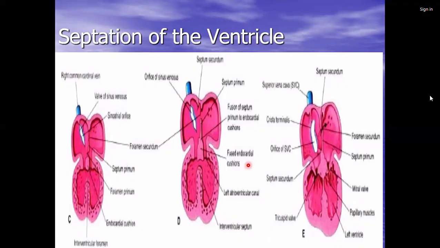Initially, most of the ventricle will have a lot of this endocardial cushion growth, projections into the lumen, but because of the movements of blood, it is hollowing. They use the word hollowing. It's like excavation of that wall. As a result of that excavation, we eventually end up with the chordae tendineae formation, connecting the valves to the wall of the heart.